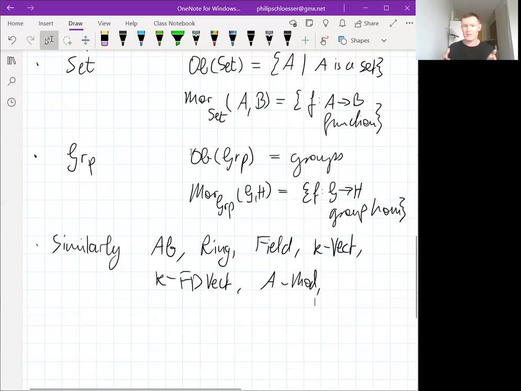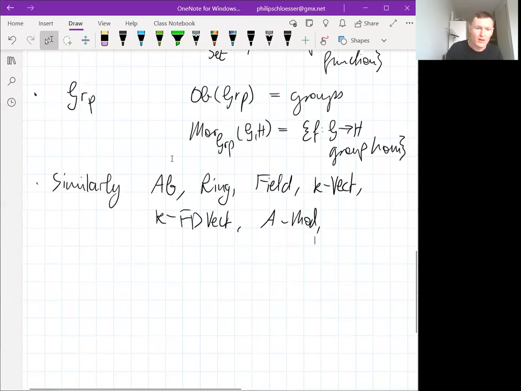So sets with additional structure, and between those objects, the morphisms are just the homomorphisms of that structure. Another thing that I also mention, topological spaces. That's called Top.